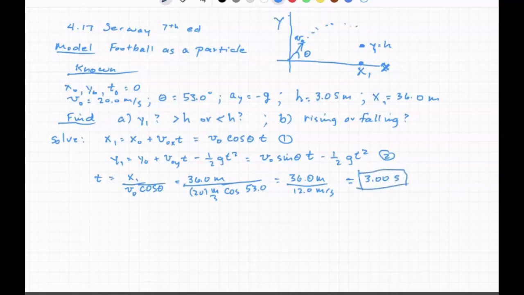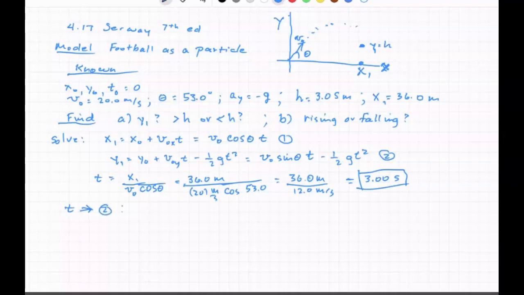Now we can use this result. We can take this value of t and insert it into equation 2.